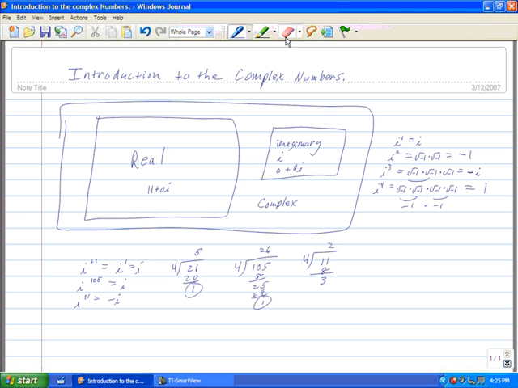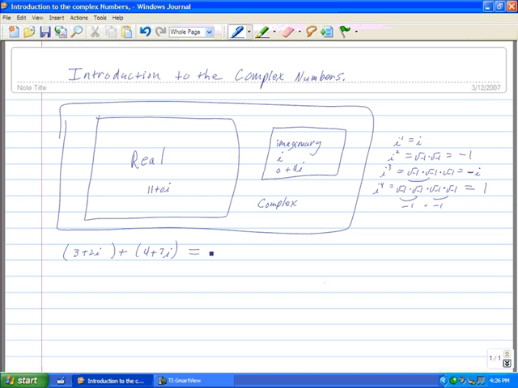Let's see what else we can do with i. Now this next stuff we're going to do, the calculator actually can do. Powers sometimes give it trouble, sometimes quicker than I thought they were going to. But for addition, if we had a 3 plus 2i and we were adding a 4 plus 7i, when you're adding these complex numbers, all you have to do is add the real to the real and the imaginary to the imaginary.